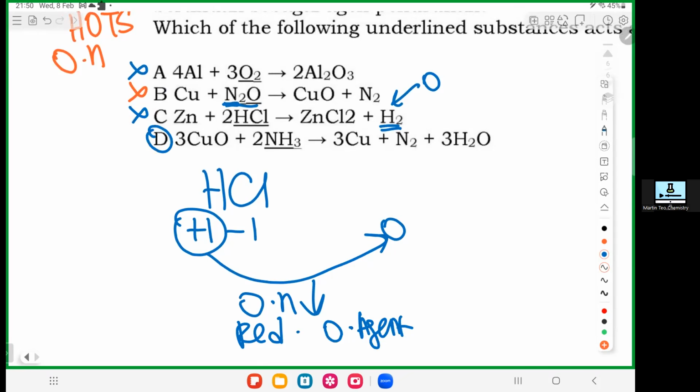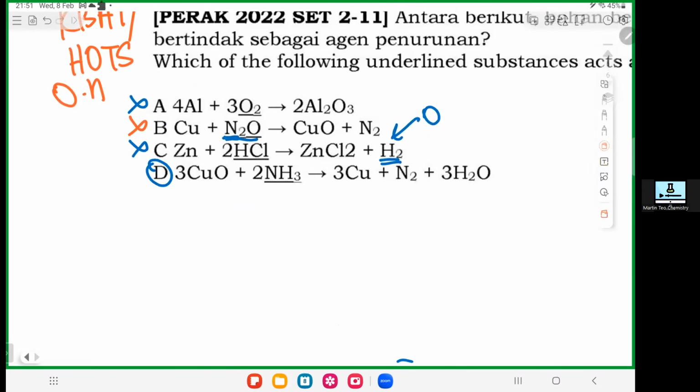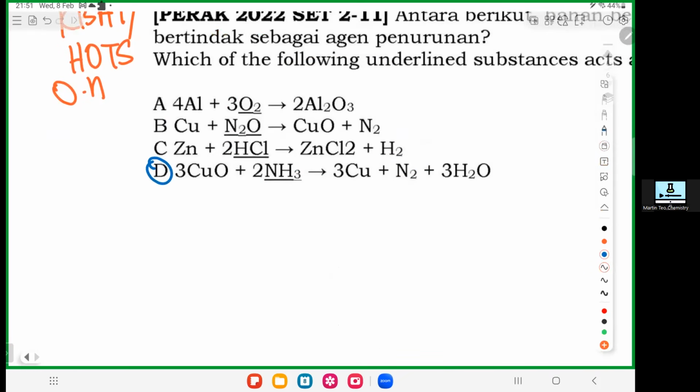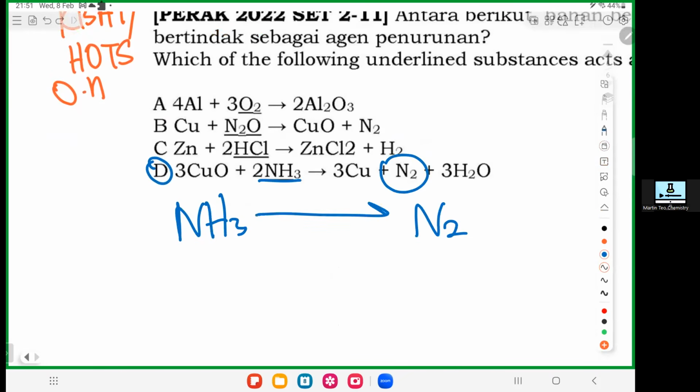So the answer is D. Let me prove it to you to finish off. For answer D, you can use the oxidation number method or the hydrogen method. Let me use the quick one, the hydrogen method. On the left-hand side, the nitrogen is sticking with hydrogen. On the right-hand side, the nitrogen comes alone. So this nitrogen had hydrogen, this nitrogen doesn't have hydrogen. What happened here?